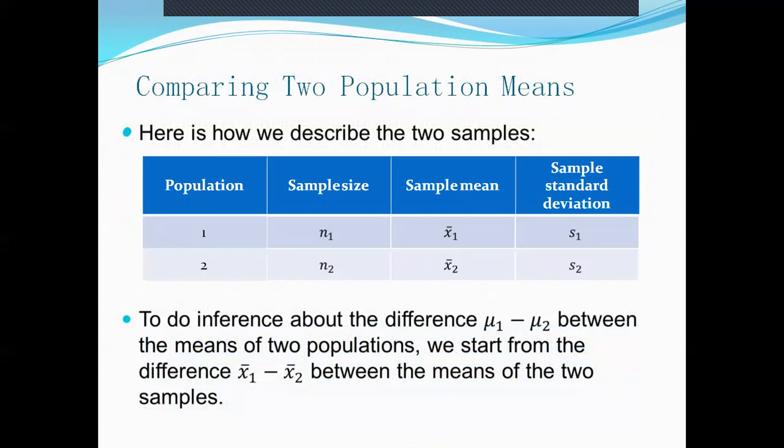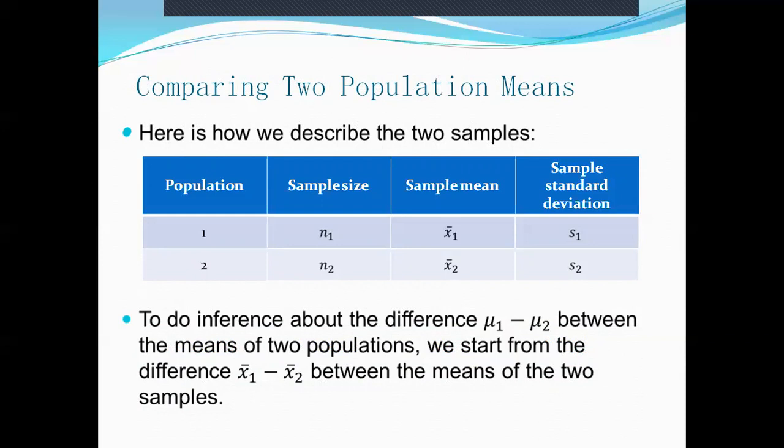Population 1 has a sample size n subscript 1, sample mean x bar subscript 1, sample standard deviation s sub 1. Population 2 has a sample size n subscript 2, sample mean x bar subscript 2, sample standard deviation s subscript 2.